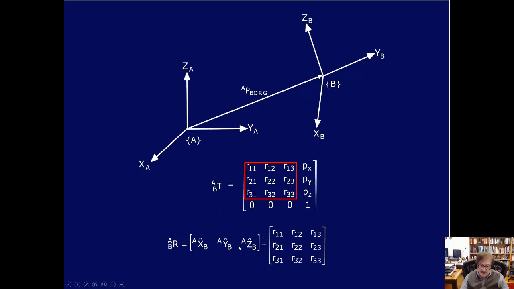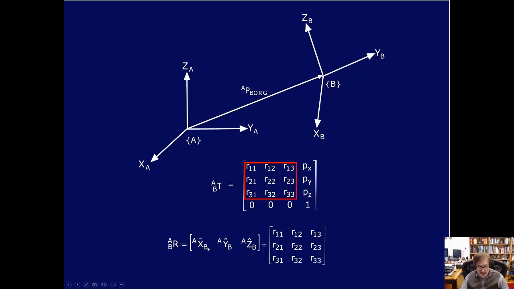And we have seen that the first column shows the projections of the XB in A frame. Second column shows the projections of YB in the A frame, and finally the third column shows the projections of ZB in A frame. So this is how we in more concise form represent them.